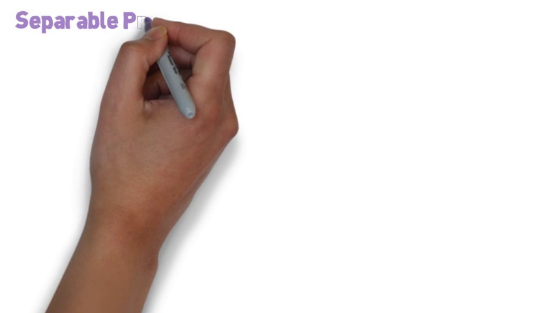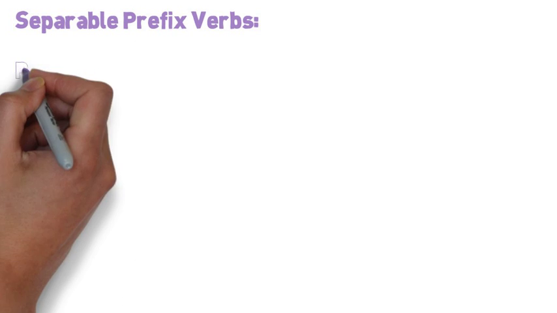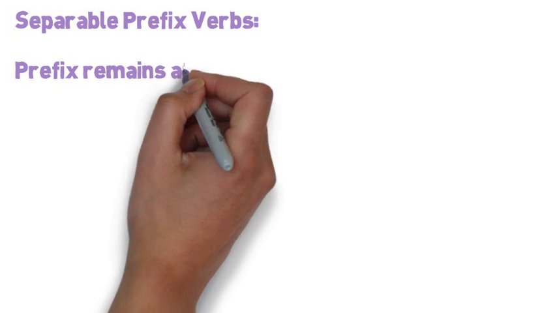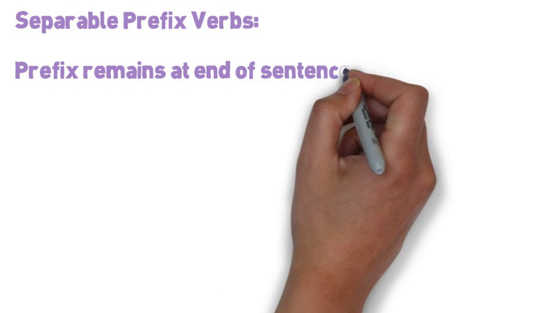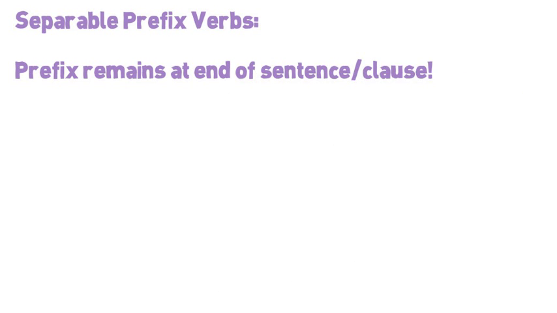One word of warning. There are verbs out there that have separable prefixes. But, as is the case when you use them in a regular old statement, the prefix will just go at the end of the clause when you make a command with one of these verbs.